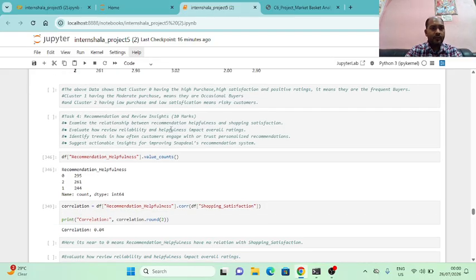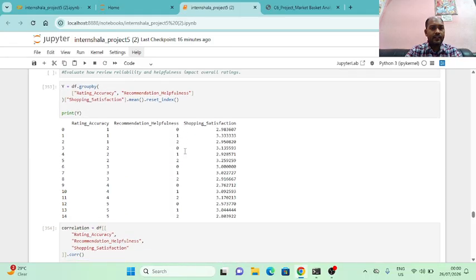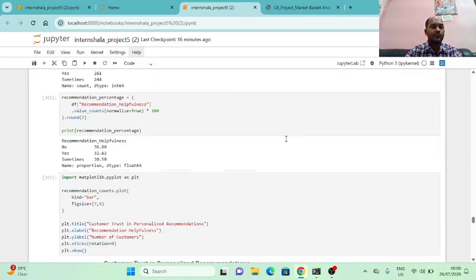Next is the recommendation review insight. So I have calculated all the recommendations and reviews, and found that customers who perceived ratings as more accurate reported higher shopping satisfaction, and customers who found the recommendations helpful generally had higher satisfaction scores.